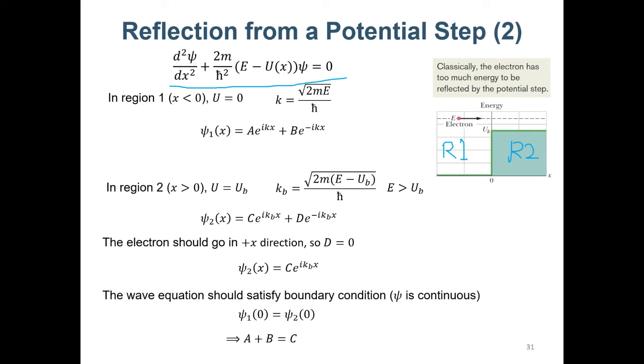So this Schrödinger equation is nothing but the second partial derivative of phi with respect to x plus 2m over h bar squared E times phi equals 0, because U of x is 0. This is nothing but the previous differential equation, and we'll get the same plane wave solution for region 1.